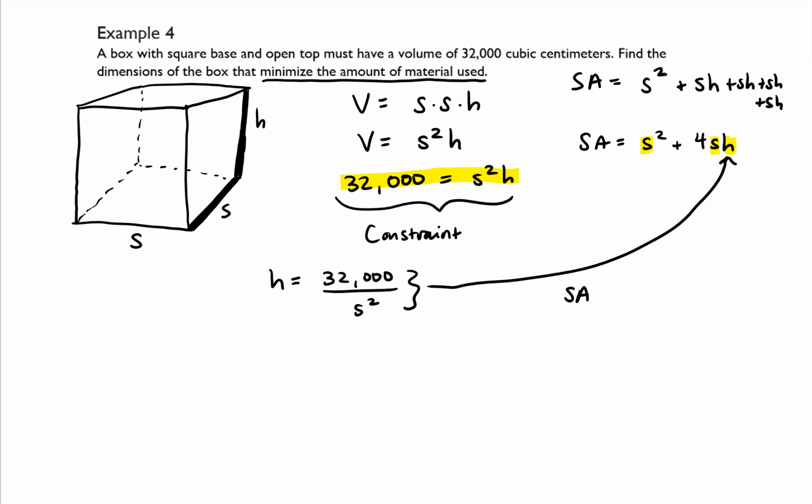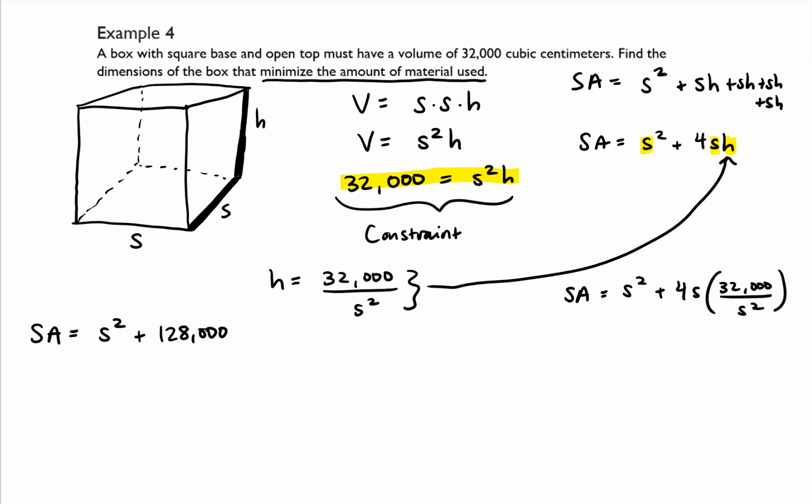So if I do that, then we get the surface area is equal to S squared plus 4S times 32,000 over S squared. And if we simplify that, we get the surface area is equal to S squared plus 4 times 32,000 is 128,000.